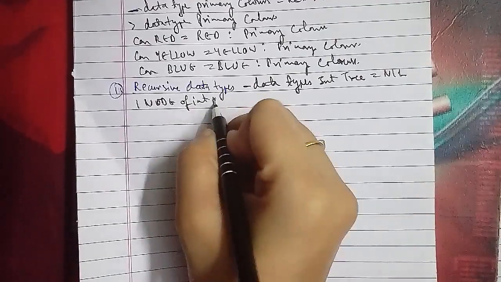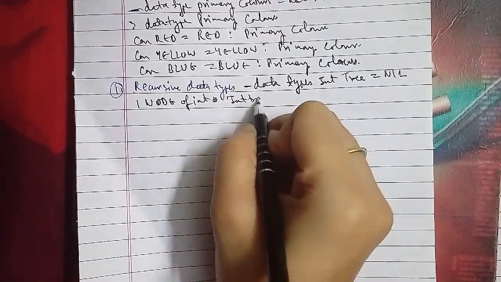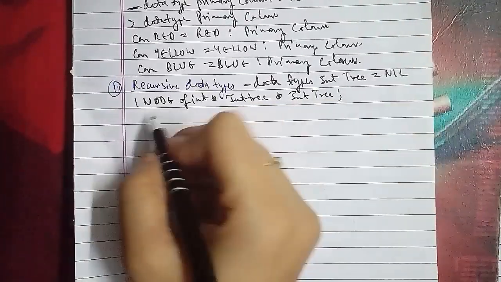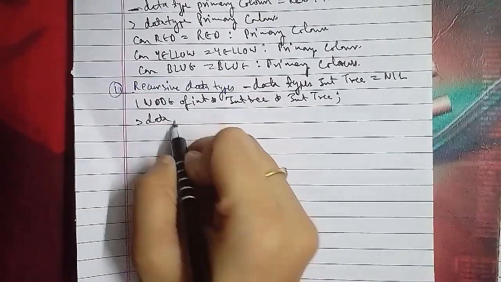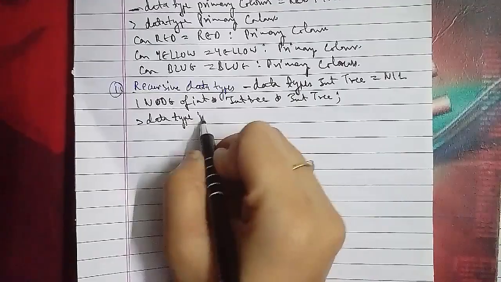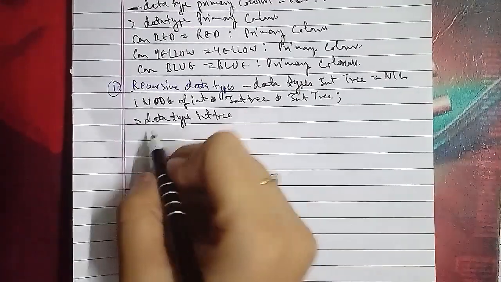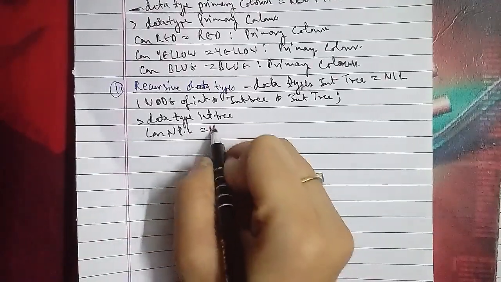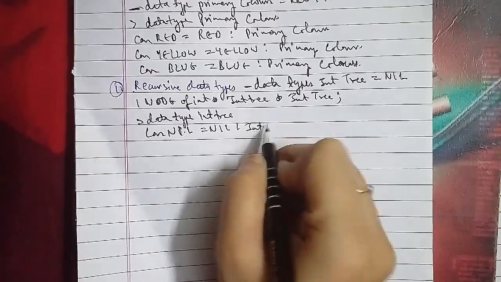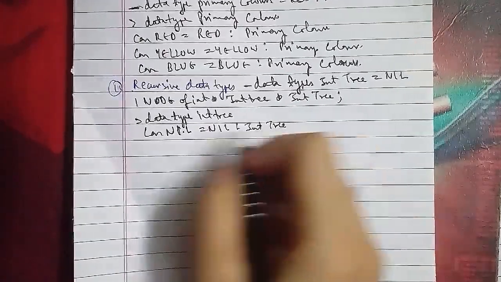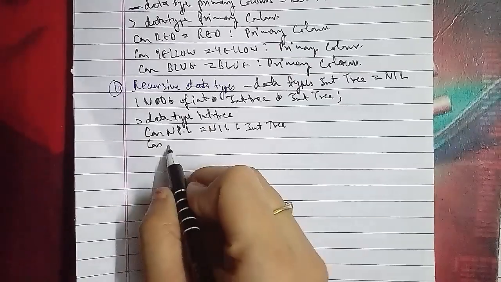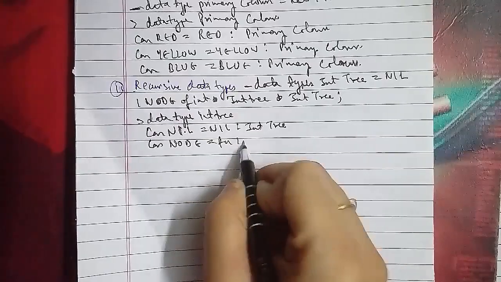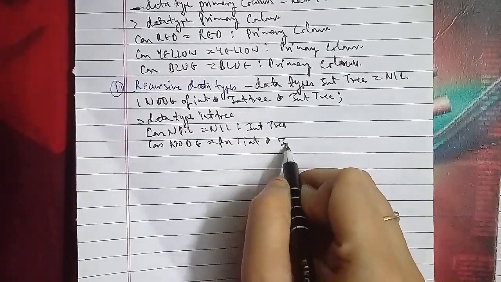Datatype entry, that is cornel, equals nil, entry, con node, that is equals fn, which is int tree, int tree, int tree.